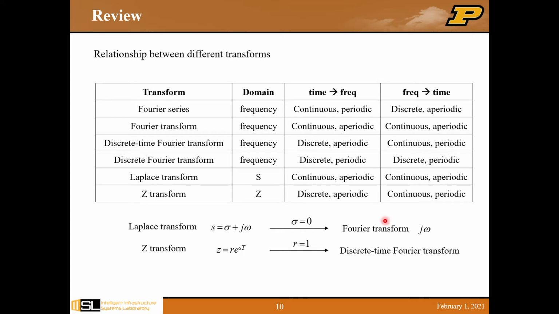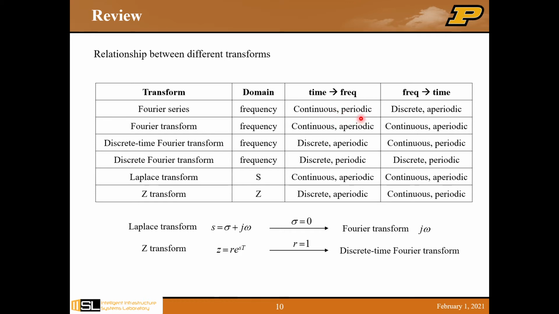The other thing I would like to clarify is that signal processing techniques have their special assumptions. For Fourier series, if we transform a signal from the time domain to the frequency domain, we're assuming that the signal in the time domain is continuous and periodic.